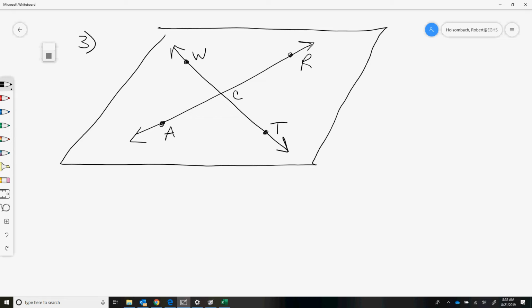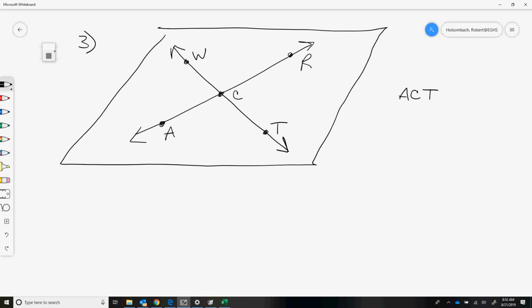So you have to remember the rules for naming a plane. The key term to naming a plane is 3 non-collinear points. 3 non-collinear points. So when you're naming this plane, you can't use 3 points that are on the same line. Understand that. So you can call it plane ACT.